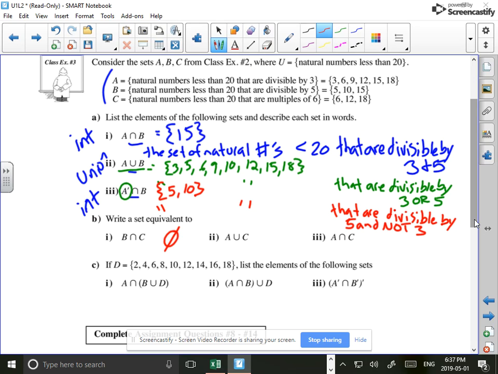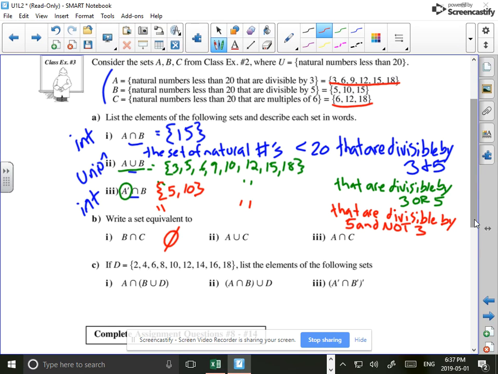All right, so next we're going to do the union, U for union. The union between A and C. All right, so this is saying A and C. So for this one, it is saying where are A and C matching up and what's in both of them.